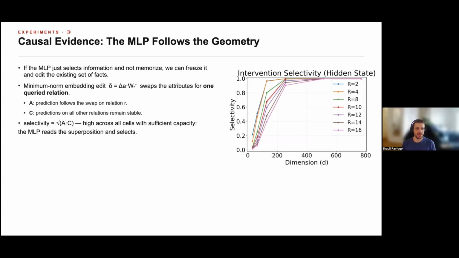We can do better. One particular property of our construction is that the MLP doesn't store anything, right? It just selects the relevant component from the embedding. And if this is true, we should be able to keep the MLP frozen and update the facts by just changing the embedding matrix without changing the MLP.